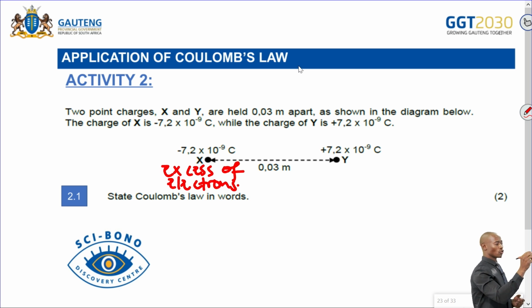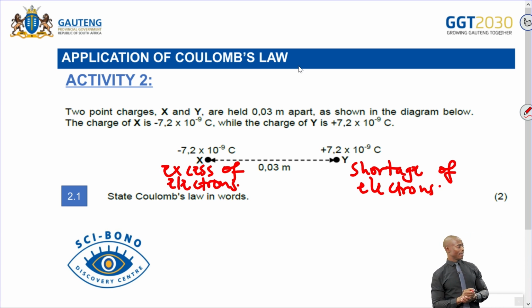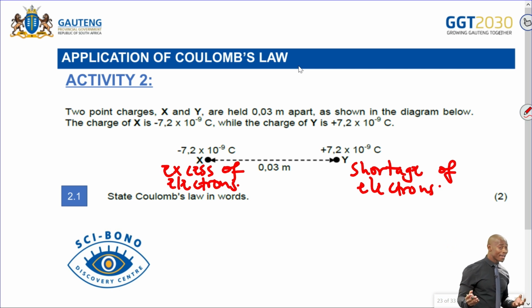This one is positive, shortage of electrons. Right. So X, excess of electrons, is negatively charged, right? And then Y is positively charged, so obviously it has shortage of what?